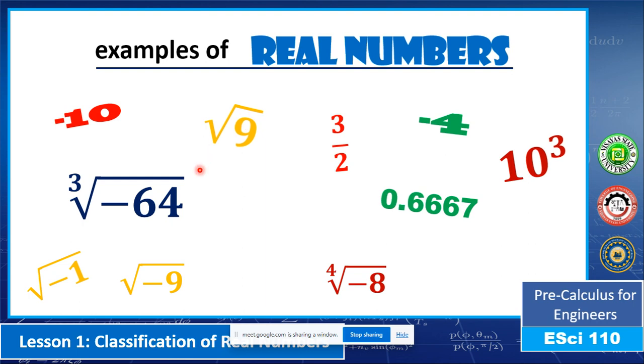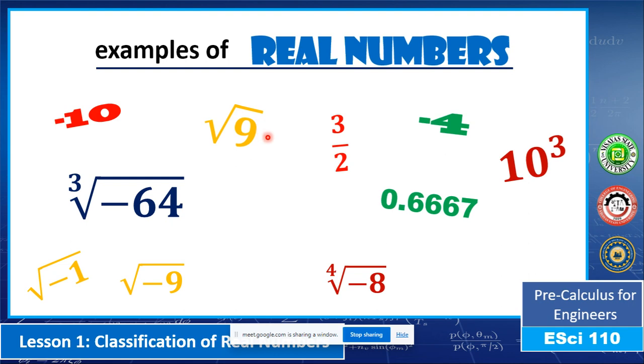But if you simplify it, as I have told you, numbers come in different forms. It could be in a fraction form, a logarithmic form, or a radical form, such as this one. So the square root of 9 is also equal to 3.